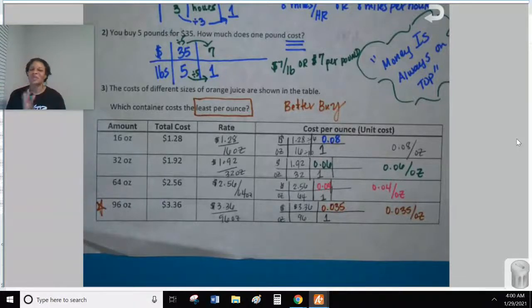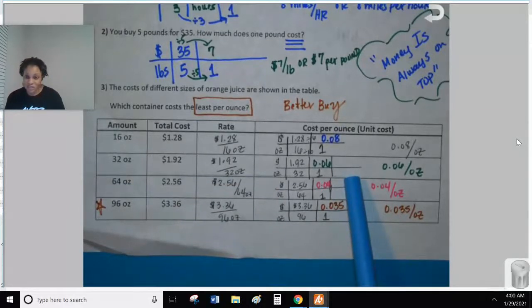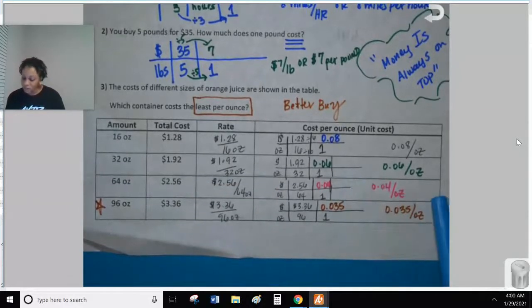Welcome back. So hopefully you guys were able to tackle these problems and divide, top in, bottom out, right? So we should have the unit rates. The 32 ounce is 6 cents per ounce. The 64 ounce was 4 cents per ounce. And the 96 ounce, we end up getting 35 thousandths per ounce, which you could round up to 4 cents.